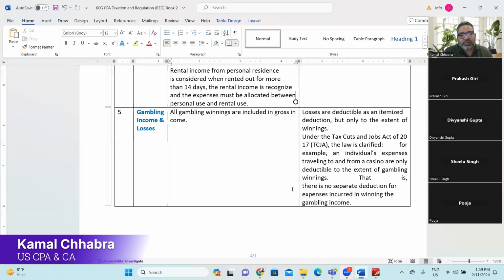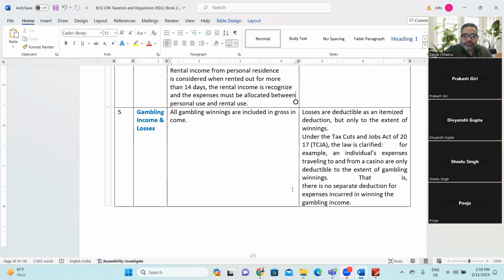Under the TCJA Act 2017, the law is clarified. For example, an individual's expenses traveling to and from a casino are only deductible to the extent of gambling winnings. That is, there is no separate deduction for expenses incurred in the winning of the gambling income.